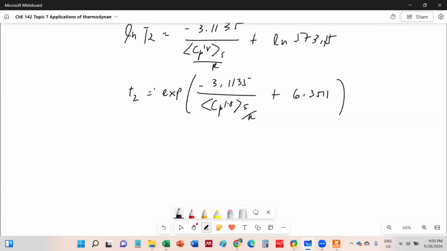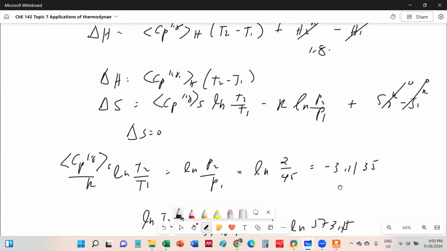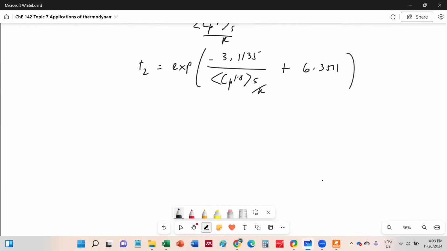Okay. So how do we iterate for T2? You have to combine this equation for T2 with the formula for the mean heat capacity, which is from the previous lecture. Let me copy paste that.